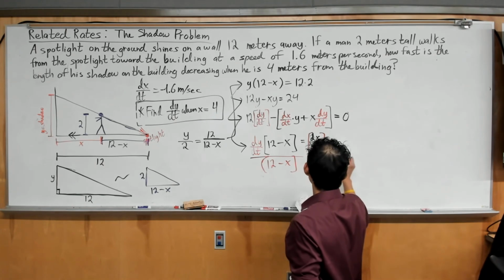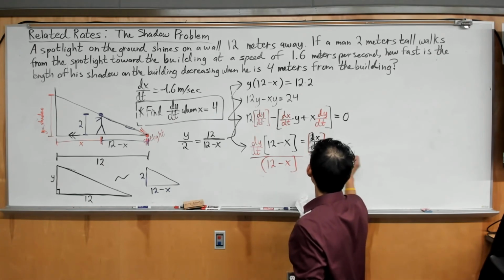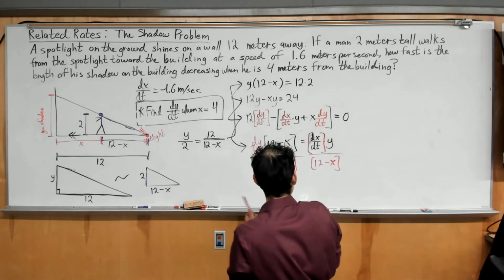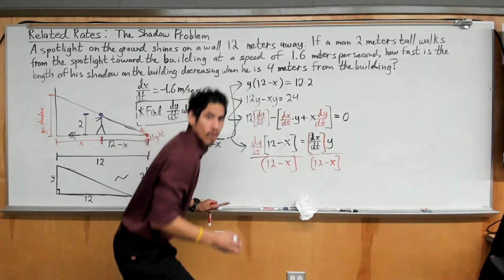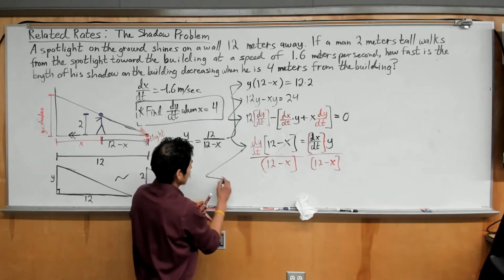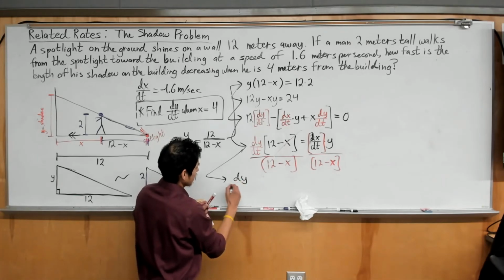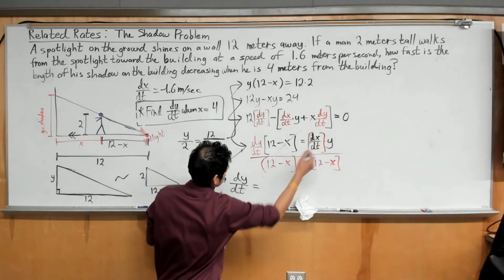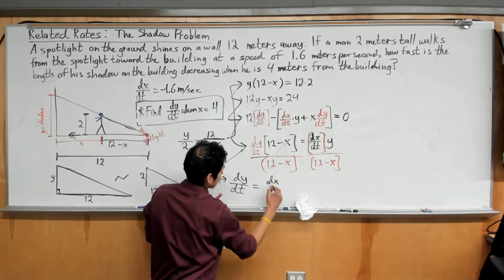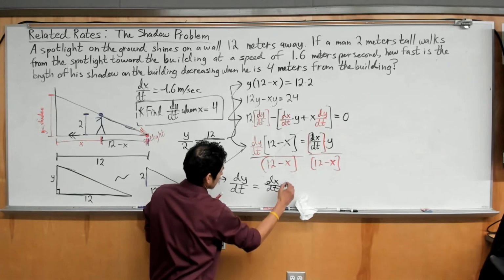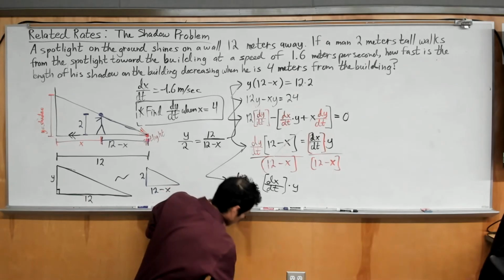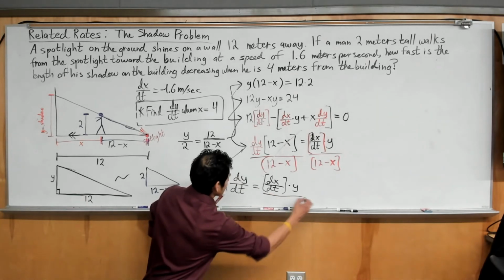These will cancel, and we'll get that dy/dt is equal to dx/dt times y over 12 minus x.